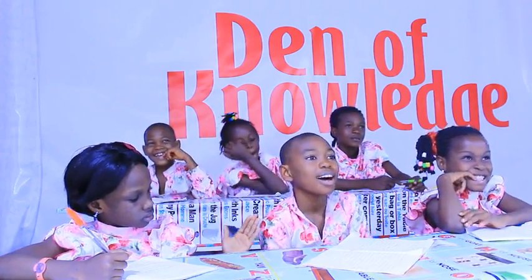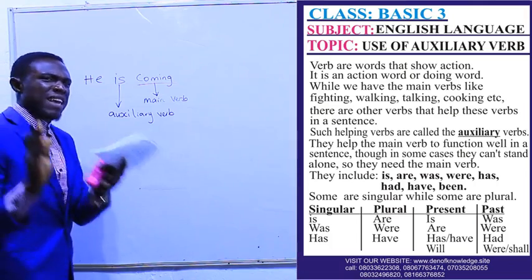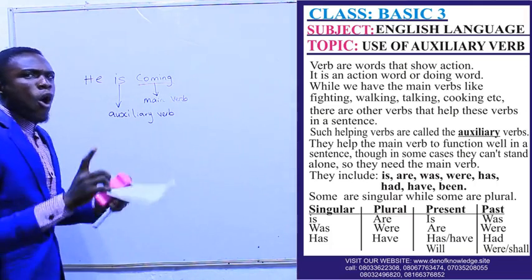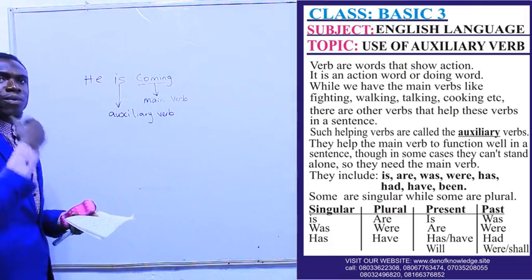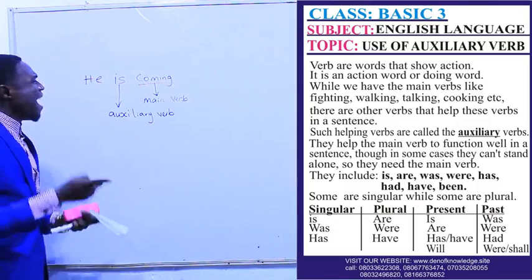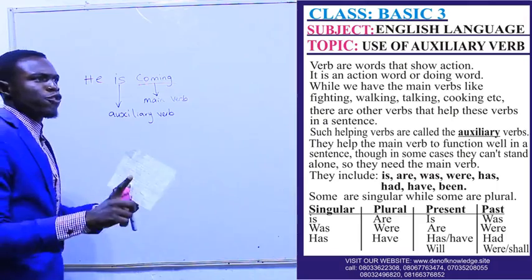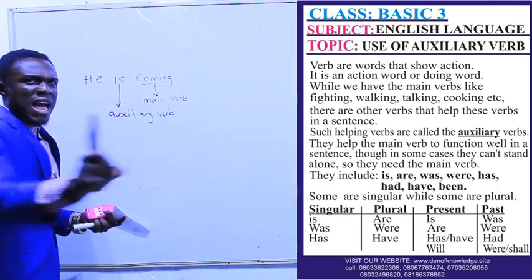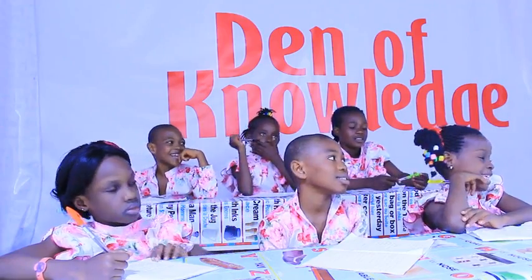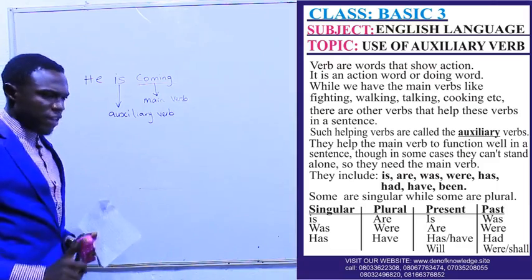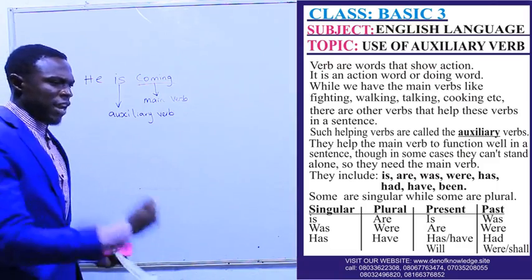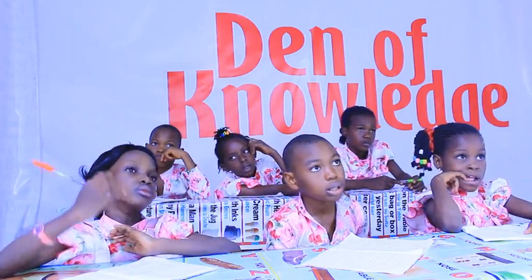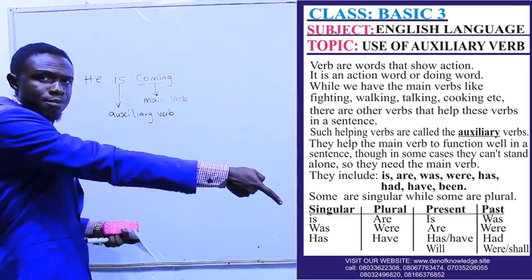Now we have the singular auxiliary verb and the plural auxiliary verb. The singular auxiliary verb helps the verb to function when it has to do with what? A singular noun. Example, a boy is singular. When a boy is performing an action, the singular auxiliary verb will come and help the verb.